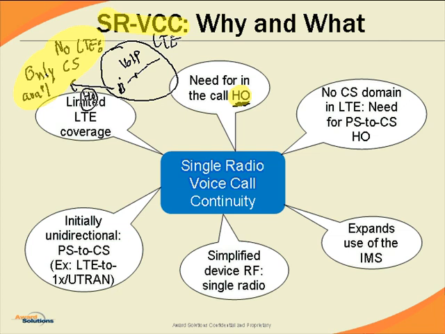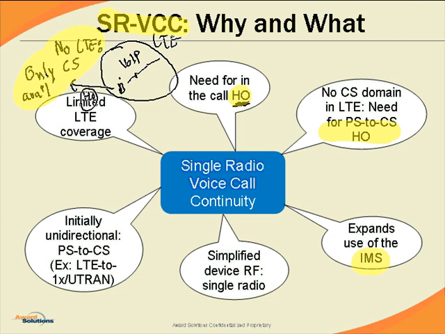Single radio: we have one transmitter, one receiver, and we are able to continue that voice call through handover. In that case, we have to go from packet switch voice over IP to circuit switch handover. Again, we will use the help of the IMS network. When we are in LTE, IMS knows that we are in LTE.